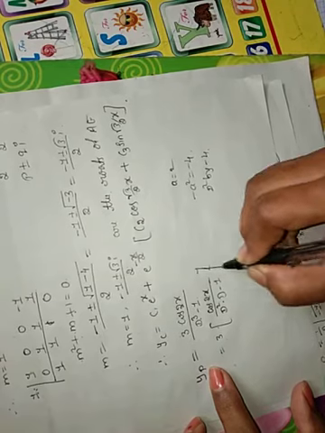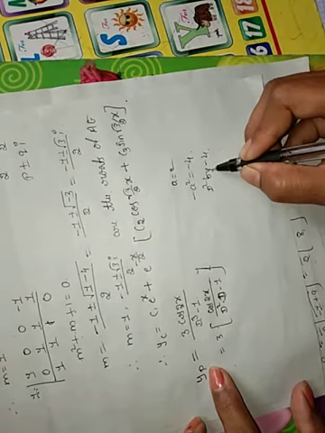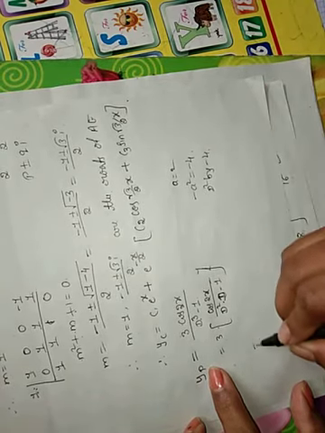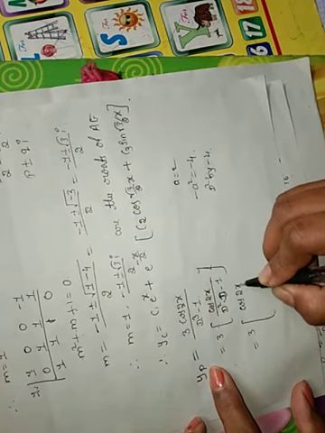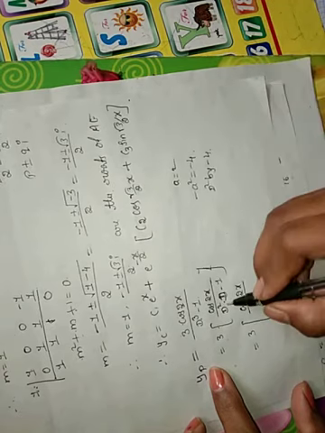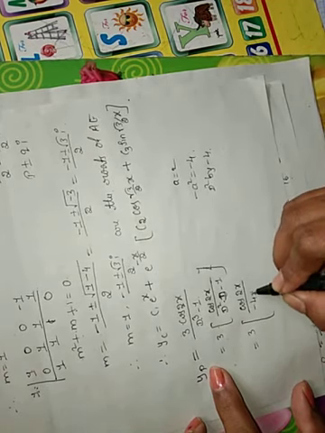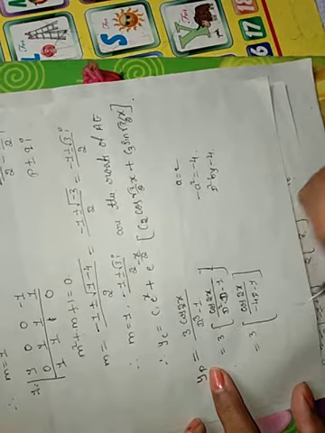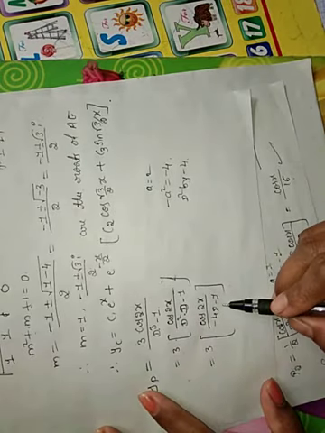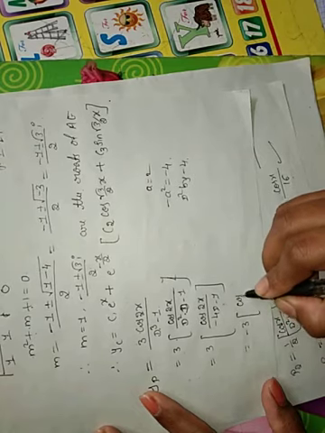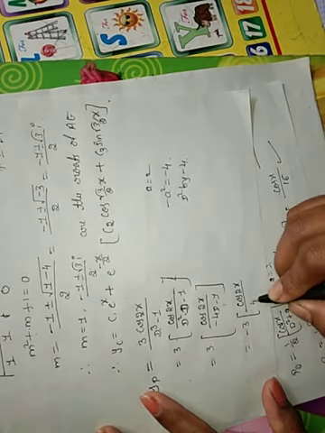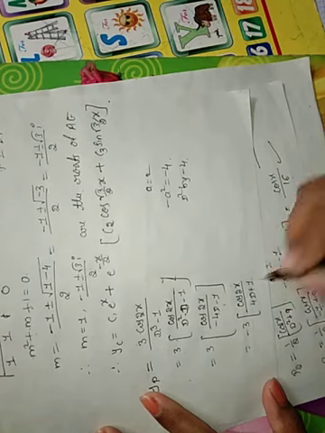Then I will replace the D square. So 3 into cos 2x divided by minus 4 into D minus 1. Take the minus sign common here. Minus 3 cos 2x divided by 4D plus 1.